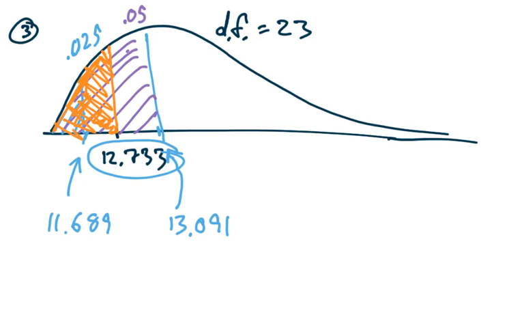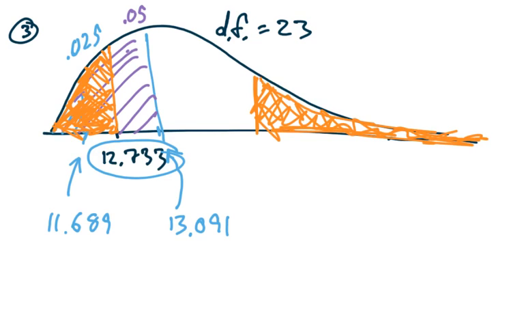So this area is somewhere between 2.5% and 5%, I don't know exactly how much. And so basically the complete p-value is this shaded in area on the left side plus this equal amount of shaded in area over here on the right side.